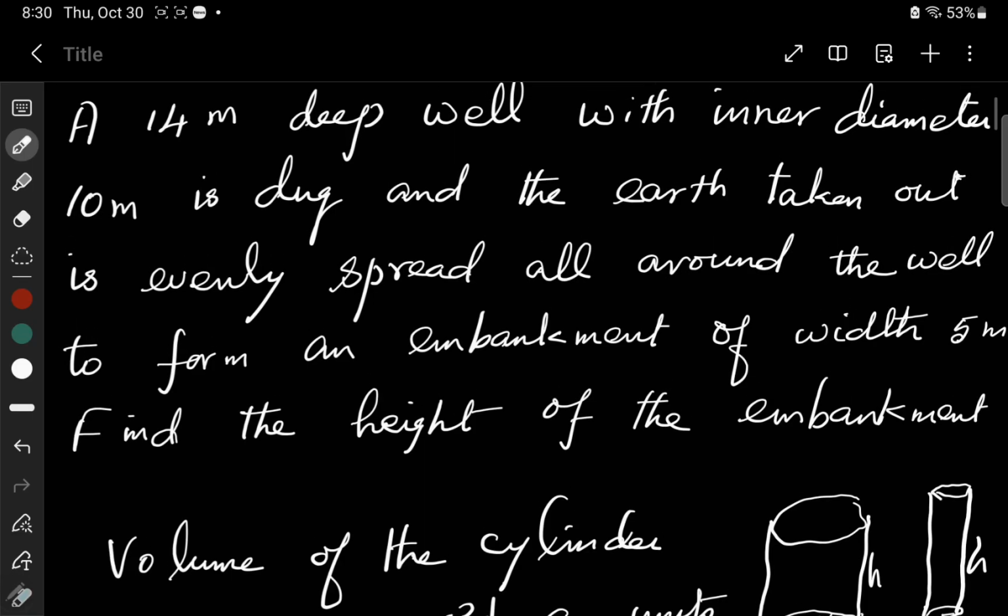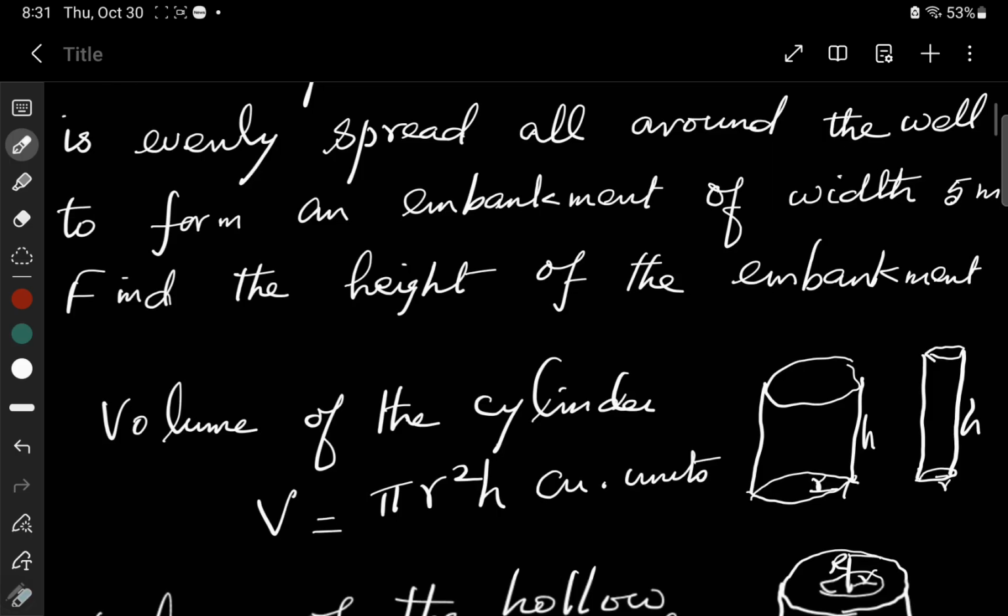Now let us come to the problem. The well is 14 meter deep, that is, the height of the well is 14 meter, with inner diameter. We have 2 diameters mentioned, because the well is also just like a hollow cylinder.